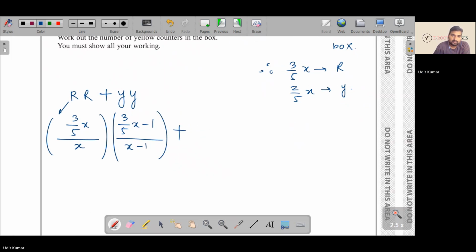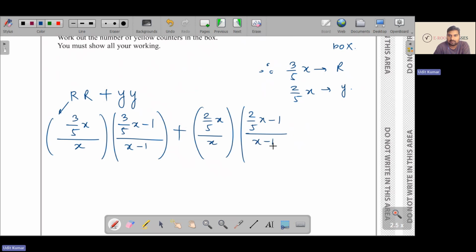Plus, for the first yellow counter, it will be 2/5 of X divided by X, and for the second yellow counter, it will be (2/5 of X minus 1) divided by (X minus 1).